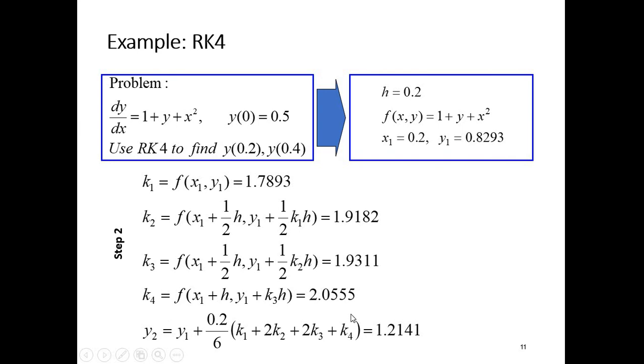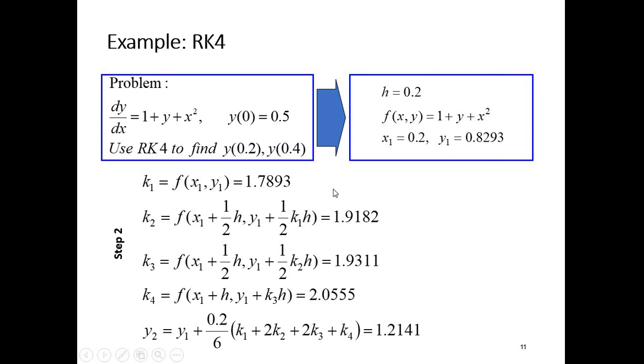And for k4, similarly, you do the same. So this will be x1 plus h. H is 0.2, so this will be 0.2 plus 0.2, which is 0.4. And then this one will be y1 plus k3 h, and then you substitute the values that you obtain here. If you do that, you should get 0.2.0555.